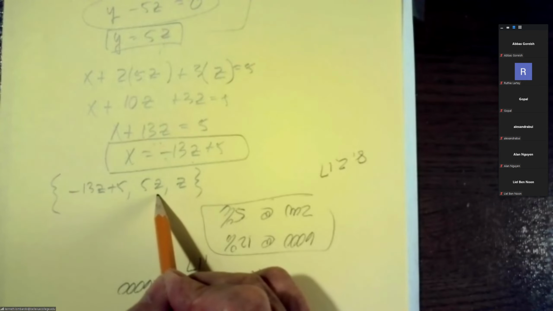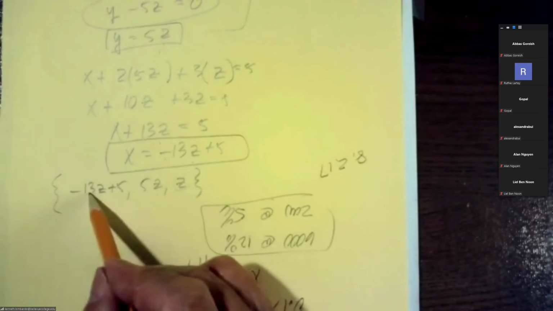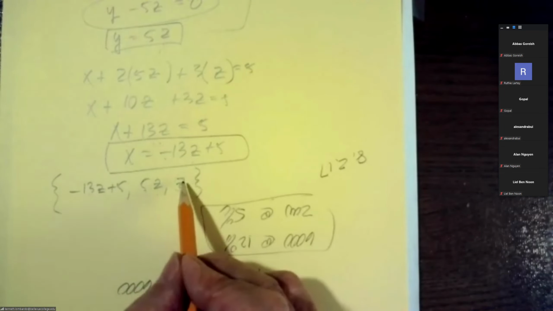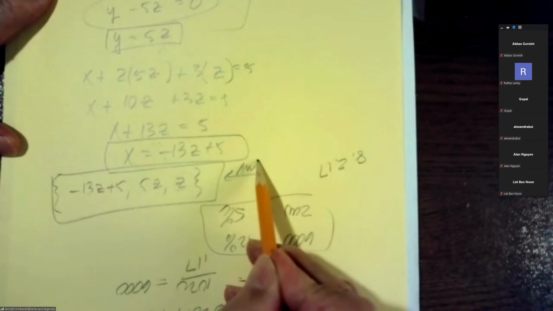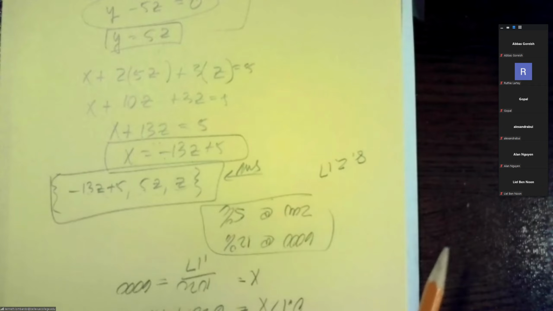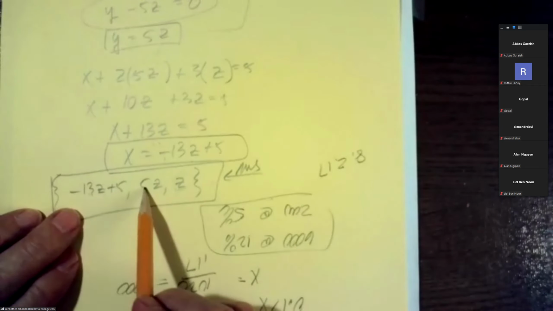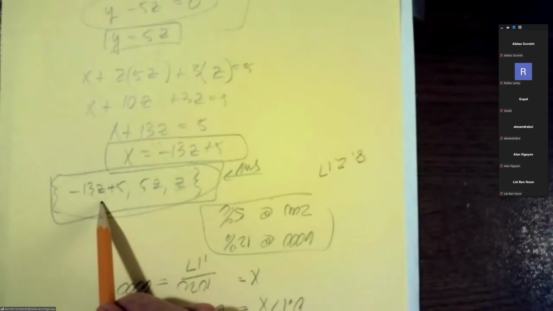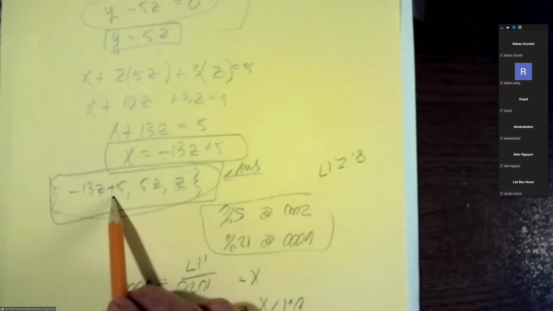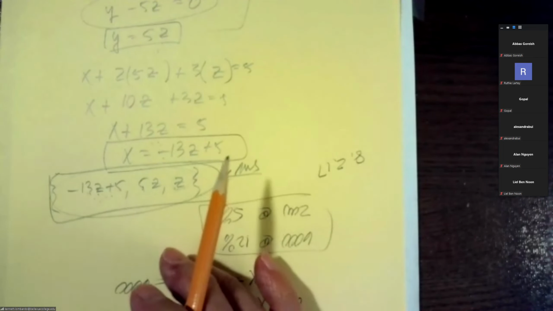We could write it that way, or we could say z represents time, and these values depend on time. But either way, they depend on z. Sometimes the book will talk about z really being time, and these locations are moving as a result of time. But our solution, we could write it just like this: negative 13z plus 5, 5z, and z. Any of those would work.